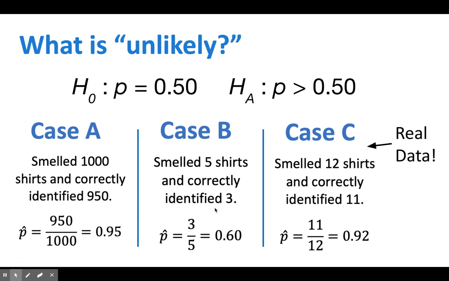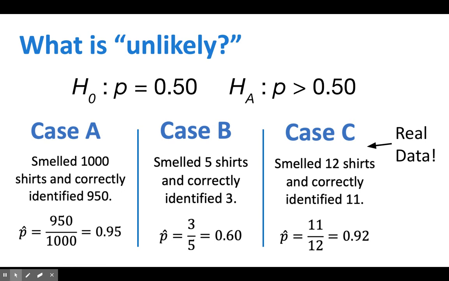So, all things considered, 0.6 is more likely to happen than 0.92 or 0.95. It just is, if the null is true. Whereas if the null is true, but we get a p-hat of 0.95 or 0.92, that's a heck of a lot more unlikely to happen. If p is really 0.5, then this is not likely to happen and this is not likely to happen, but this kind of is. But again, at this point, I'm just basing that off of opinion.